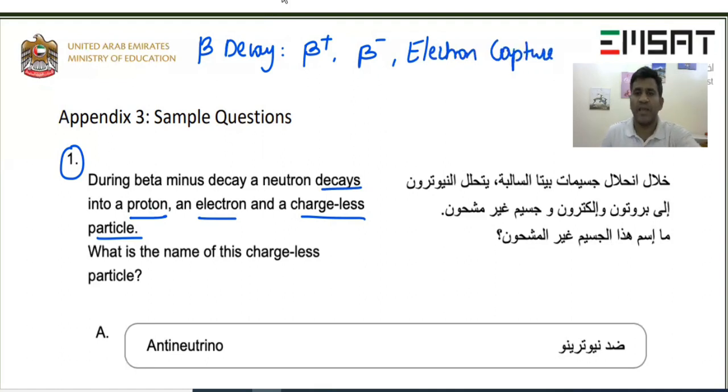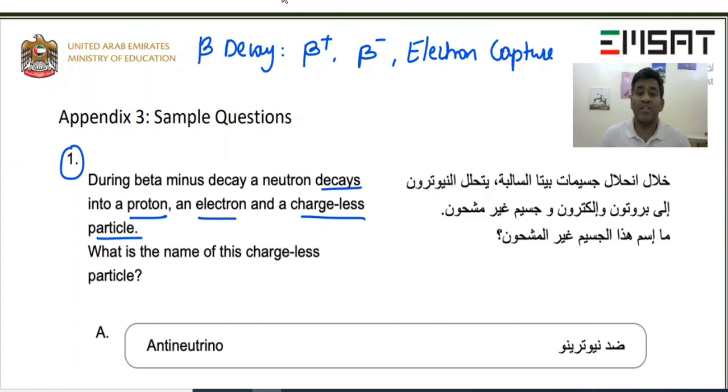In beta plus decay, a proton will be converted into a neutron by accepting the electron surrounding, and in the beta minus decay, a neutron is broken down into a proton and an electron, and the electron capture is simply a process where the electron which is revolving around the nucleus will be captured by the nucleus, and a proton will be converted into a neutron. So these are the different categories.